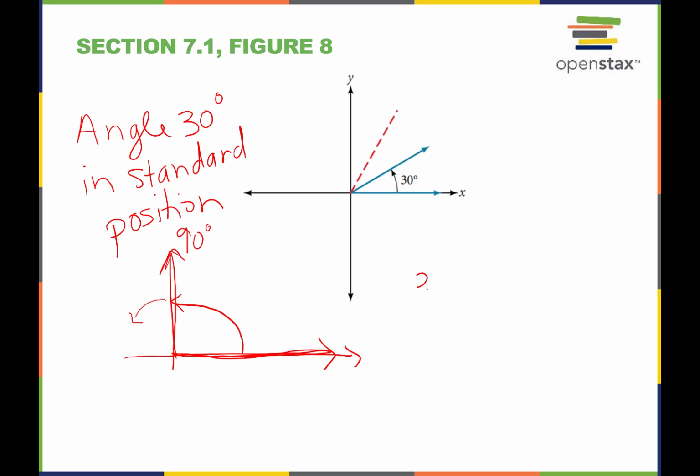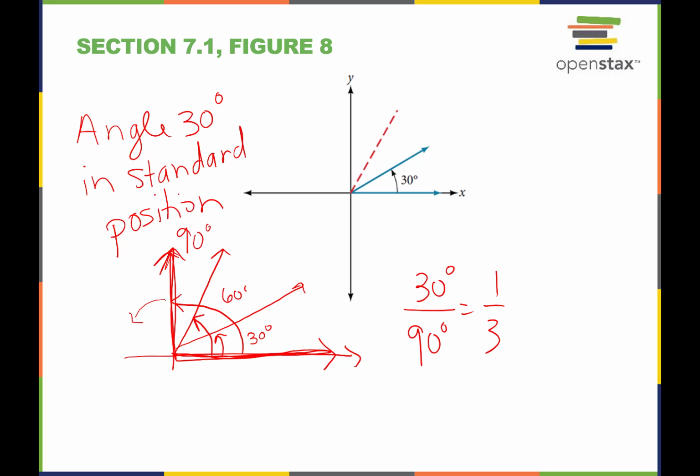Now, if I take 30 degrees out of 90 degrees, that's a third. So that's a third of this big angle right here, 90 degrees. So if I break this up into 3 pieces, if I sweep this out from here to here, that would be 30 degrees. If I sweep this out from here to here, that would be 60 degrees.